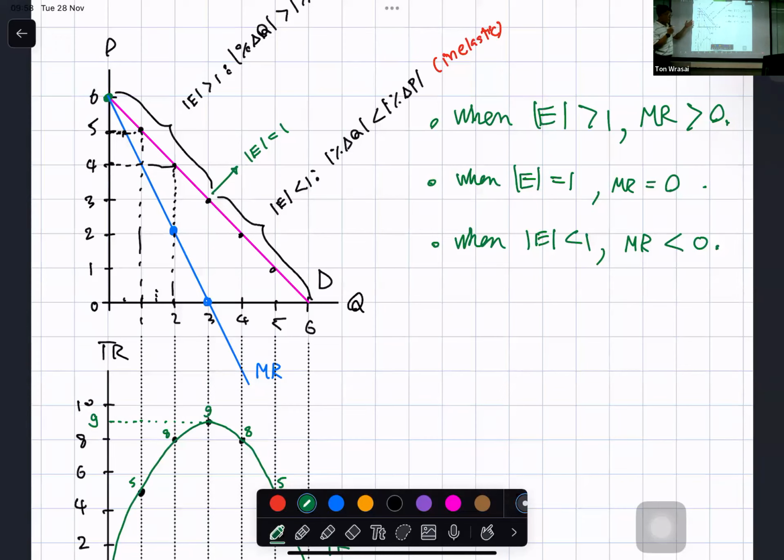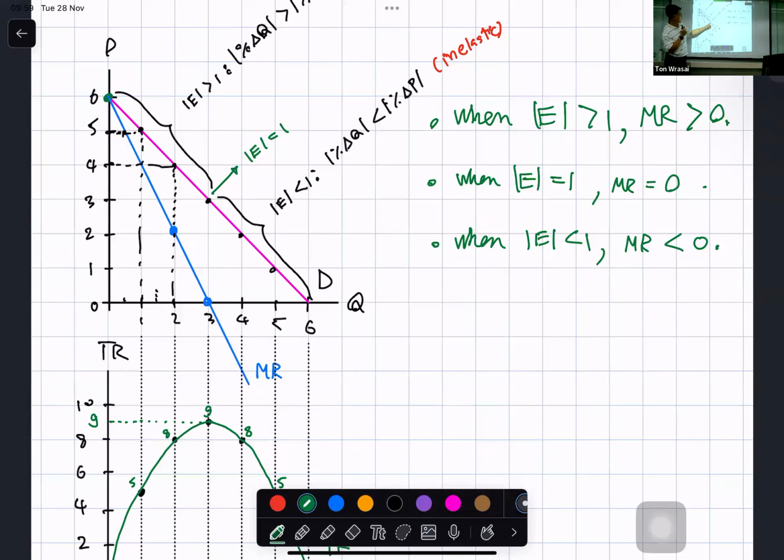Next, what is the implication to the monopolist here? If you were him, you would not look at this at all. MR is negative. What is the point of selling more when marginal revenue is negative? You will not want to operate over this range for sure. What is the range that we are talking about?